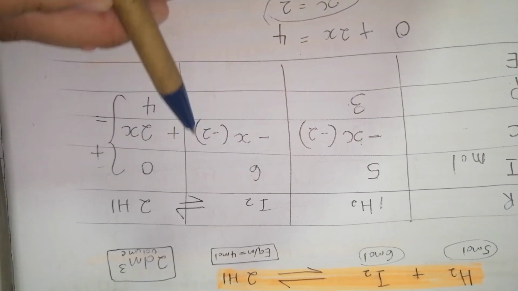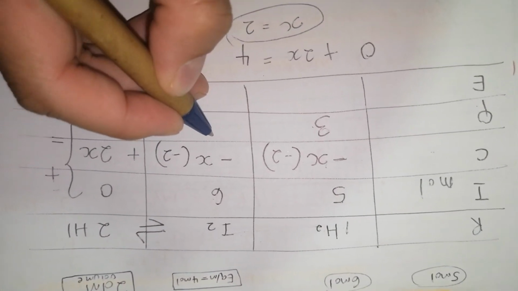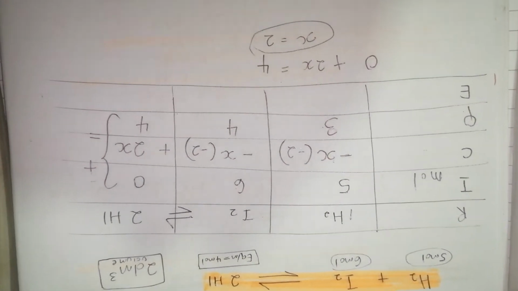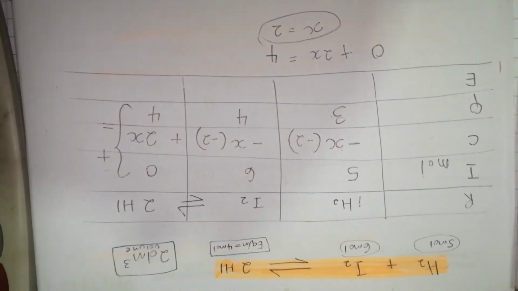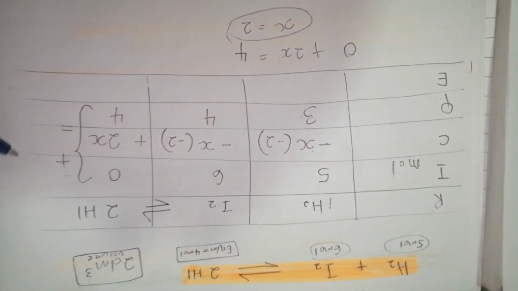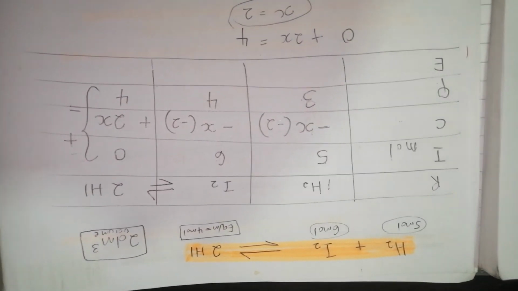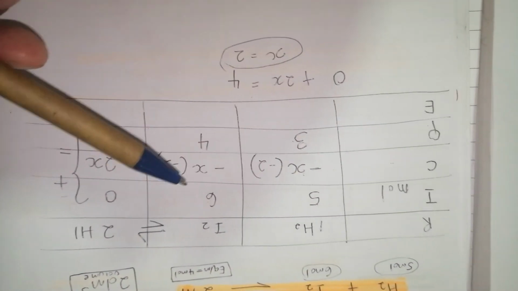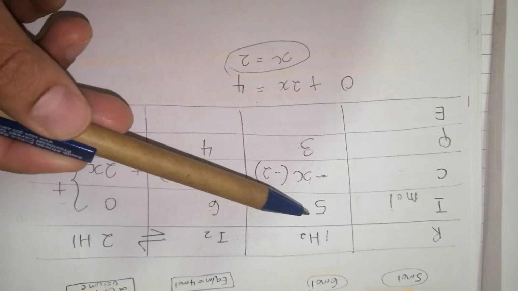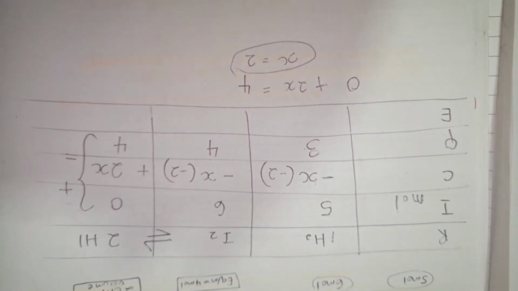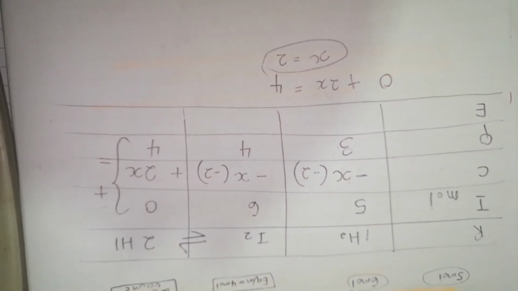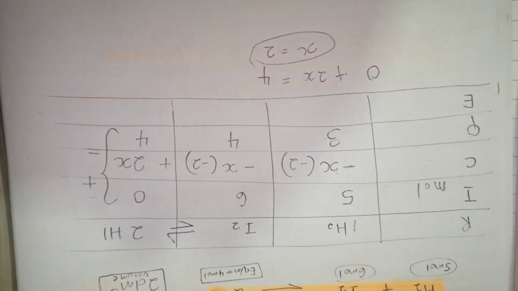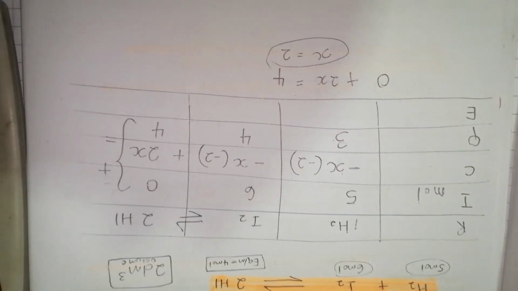So you're going to say 6 minus 2 is equal to 4, and that's how many moles of I2 you have at equilibrium. So basically you just need to fill in the information in the table, and whichever one you have the most information for, you will use that to determine X. And then once you have X, you can use the rest of the reactants or products which you don't have enough information for, and you can substitute X, and that will give you the equilibrium moles.